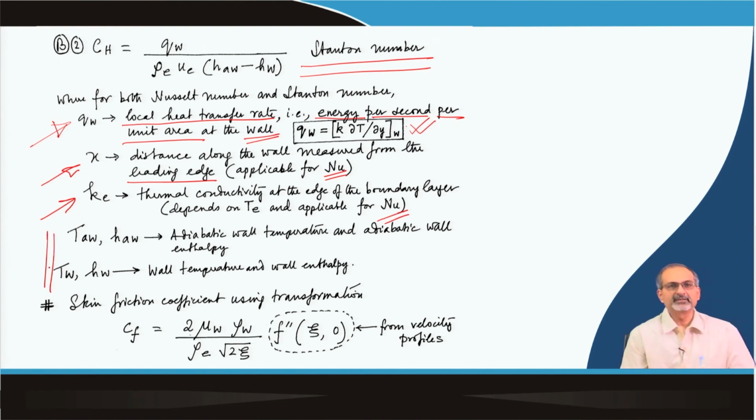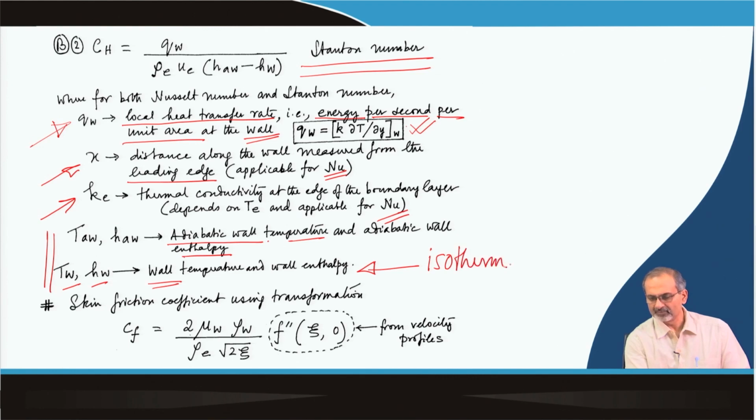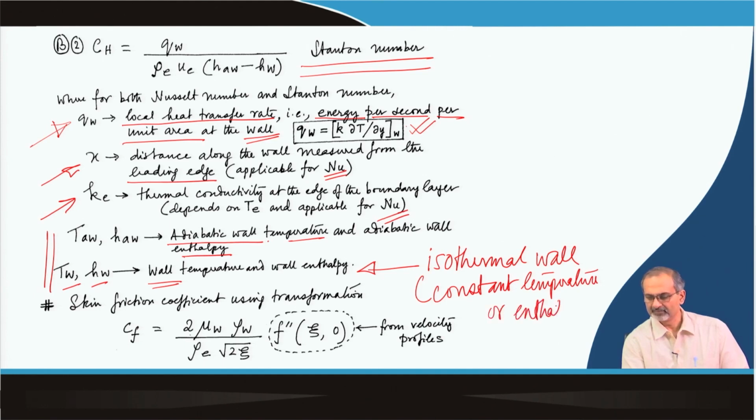Coming to the temperatures, the subscript AW stands for adiabatic wall, and therefore you have temperature and enthalpy for an adiabatic wall, and just W stands for wall temperature, which could be catering to an isothermal wall. That means you have a constant temperature or enthalpy at that wall, which is specified.